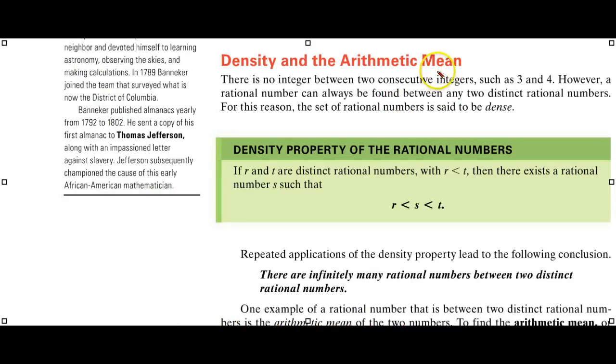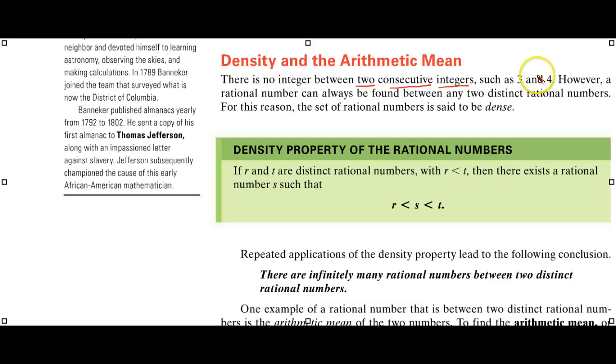Now, as we go deeper into the theory of numbers here, we're looking at density and the arithmetic mean. There are no integers between two consecutive integers, such as 3 and 4. These are integers, and there are no integers between them.